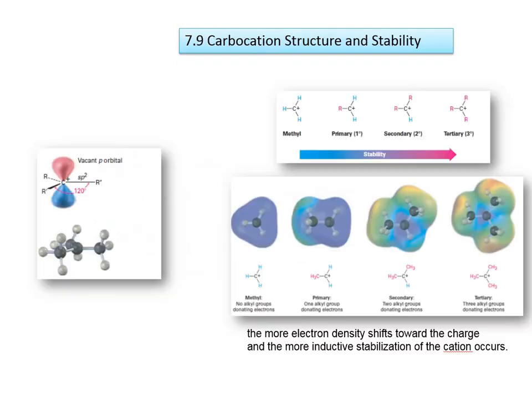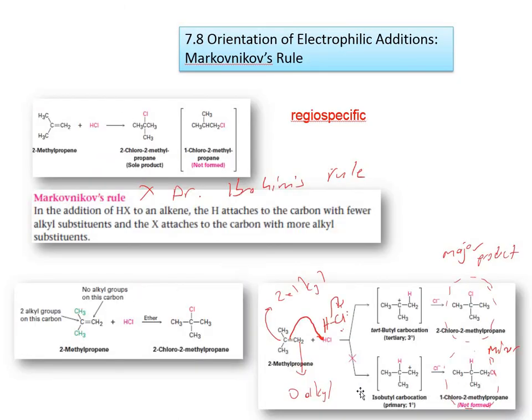Okay, let's move to the next topic. The next topic is carbocation structure and stability. In the previous examples, we have seen that we can form two carbocations here, and one is the one that gives us the major product.